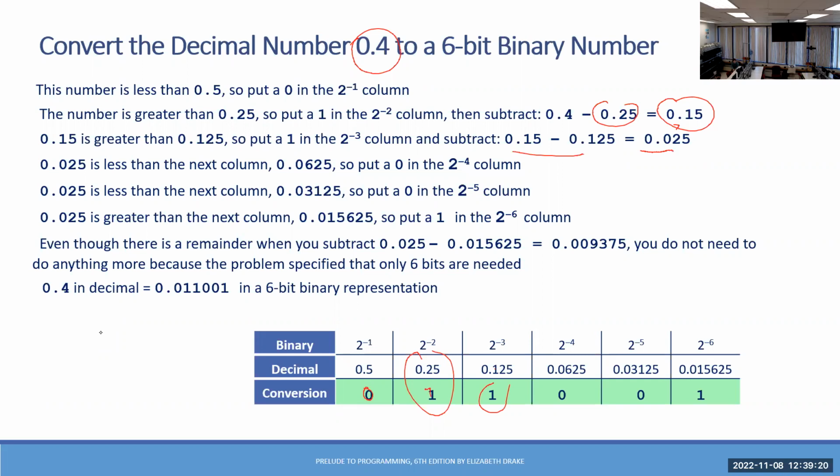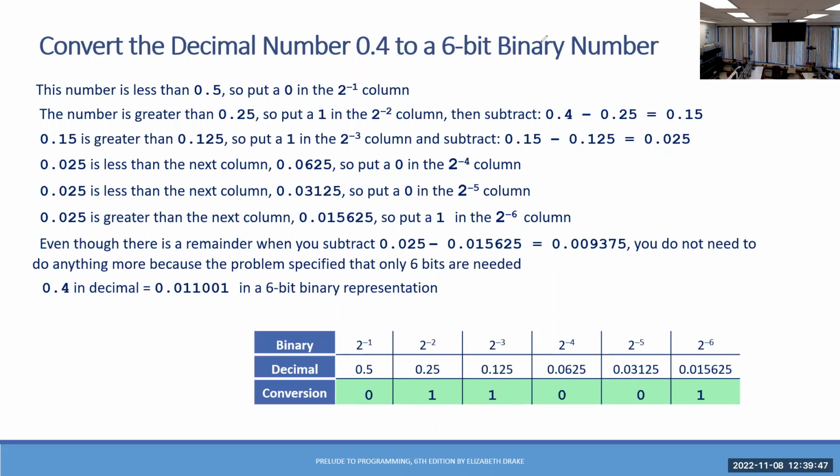And keep doing it until you stop, depending on how many fractional bits you want. Think about this one: you need 1, 2, 3, 4, 5, 6 to stop. Make sense? Okay, that's the process. If you only need 6 bits after the fractional point, you stop here, even though it has not reached 0 yet. That is the way the computer stores the fractional part.